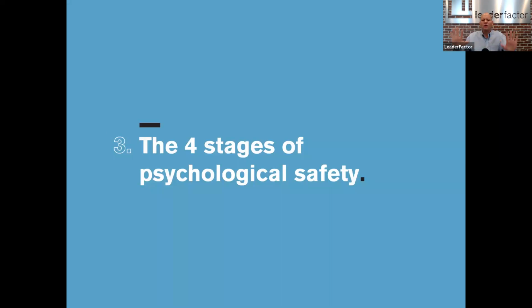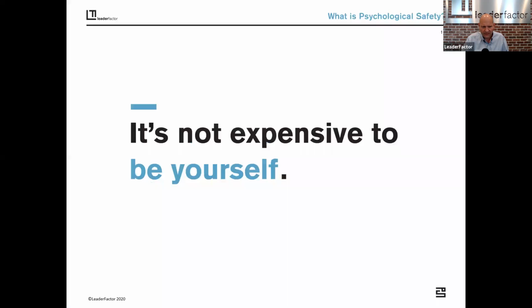All right, let's do a quick overview of the 4 stages of psychological safety so that we can then have context to go back to inclusion. Psychological safety itself is a concept that was coined in 1965 by 2 researchers at MIT, Warren Bennis and Edgar Schein.